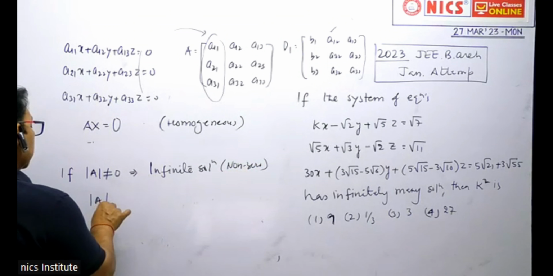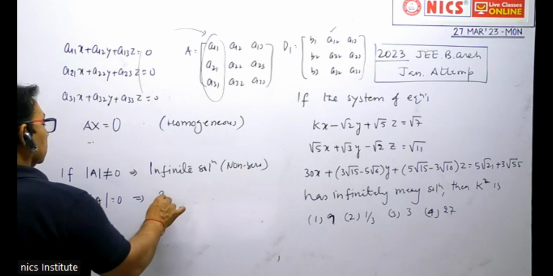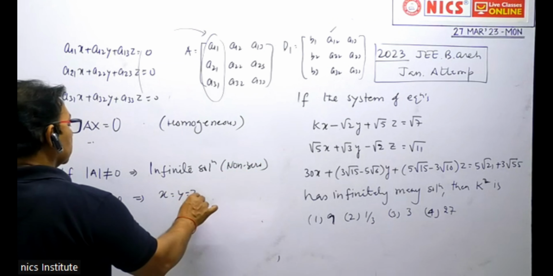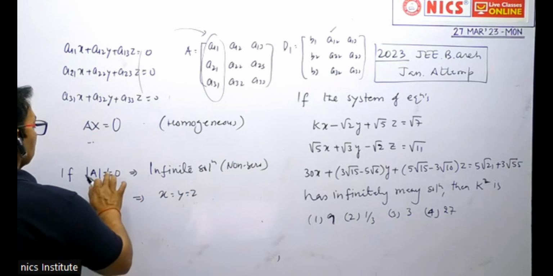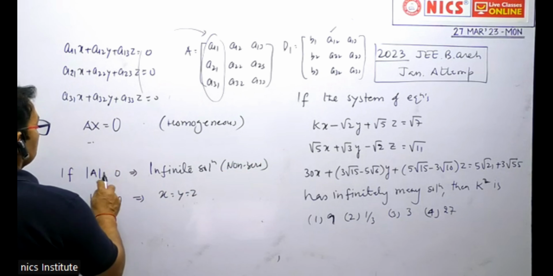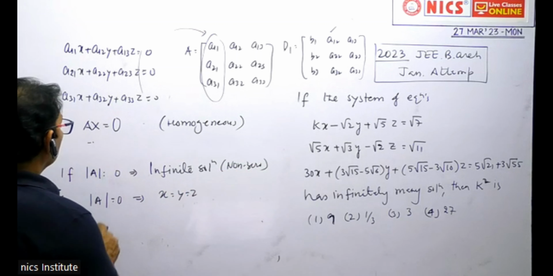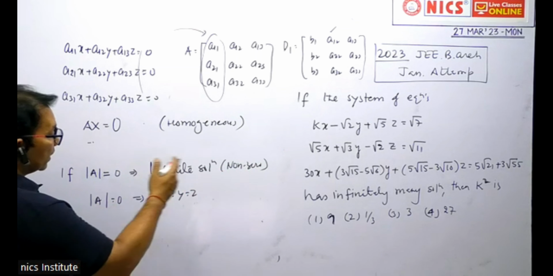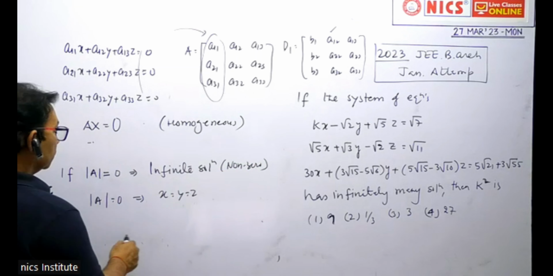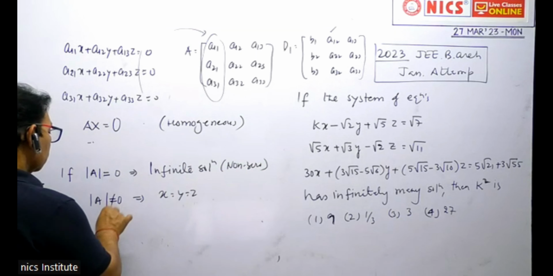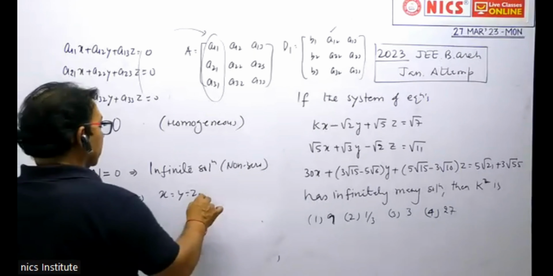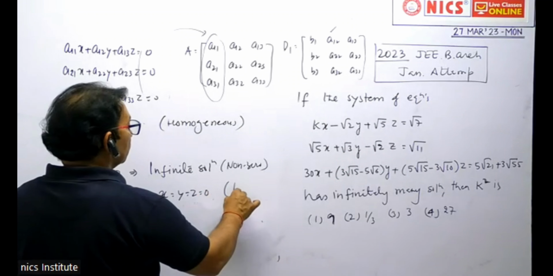When determinant A is zero, it's an infinite solution, a non-zero solution. When determinant A is not zero, then x, y, z equal zero. It's called the zero solution or trivial solution.